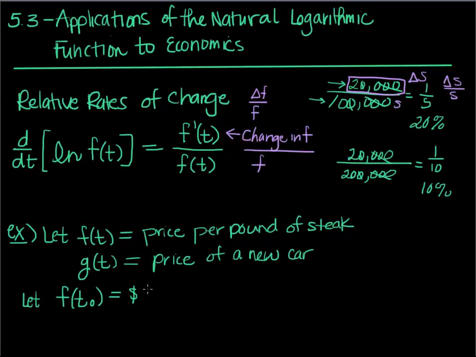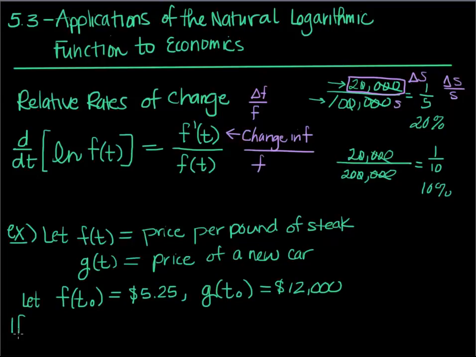Let's say that my steak right now costs $5.25. And at this initial time, we saw this when we talked about our initial population, whatever time we decide to look at this. And this new car is pretty cheap, so we're looking at a cheap car at $12,000.